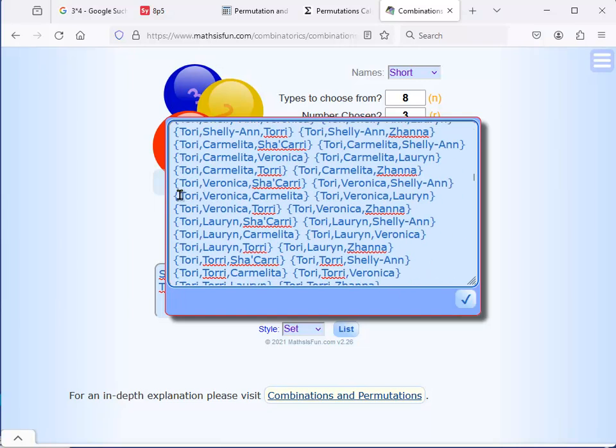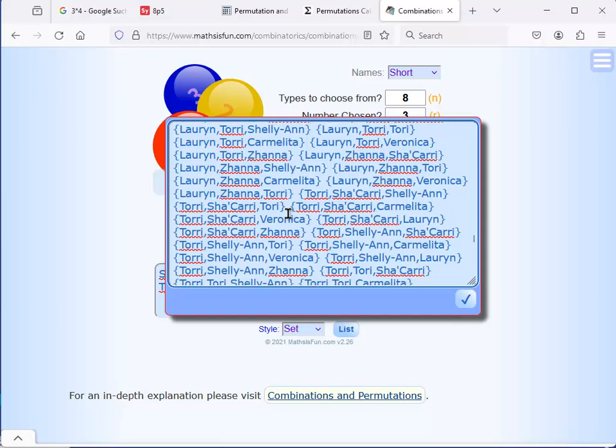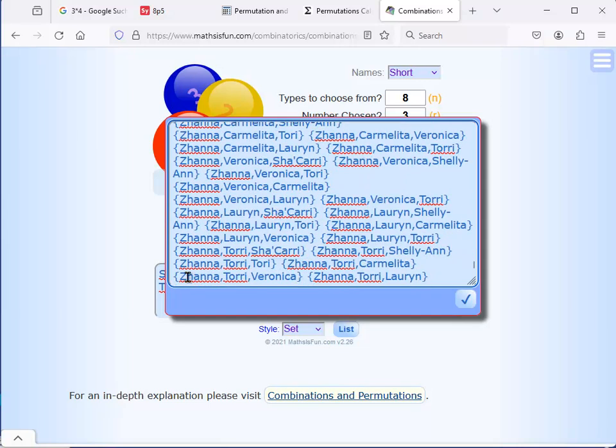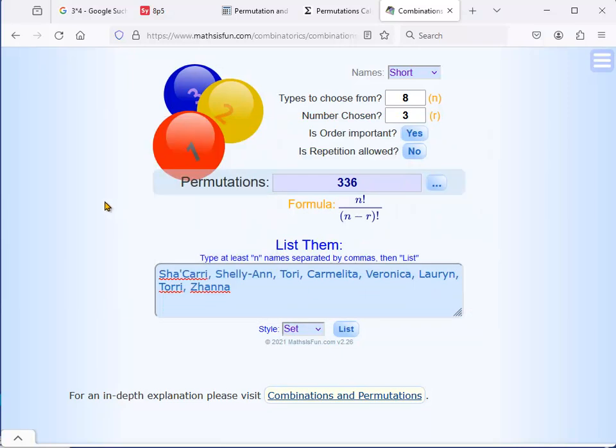And then I go down here, and this is perhaps the 50th permutation, and then this one here is the 100th permutation, and then all the way down here is the 335th and the 336th permutation. That's how they could play. So this one is pretty cool. If you want to test this one here, I could put the Smurfs names in there and so on, and play around with it, of course.